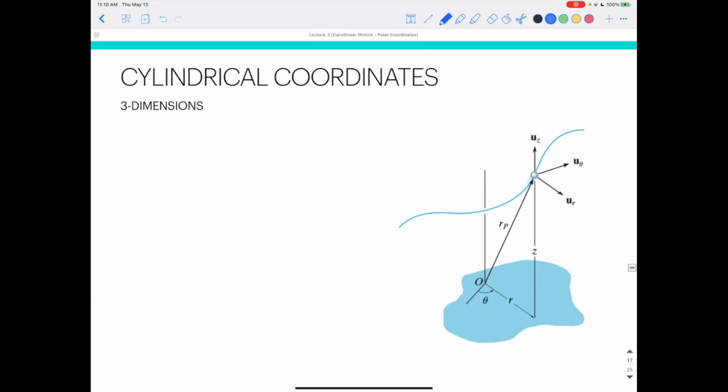So in 3 dimensions, we can call these cylindrical coordinates if we define our coordinate system very much the same way as before, where now our position vector is going along some path in 3-dimensional space. Our position vector now has components: r_P is equal to r ur plus z uz.